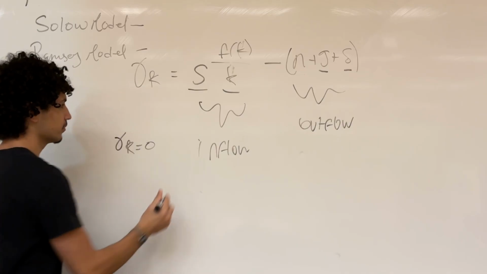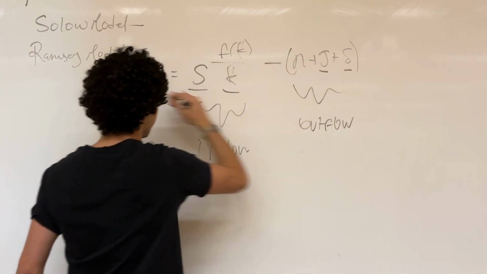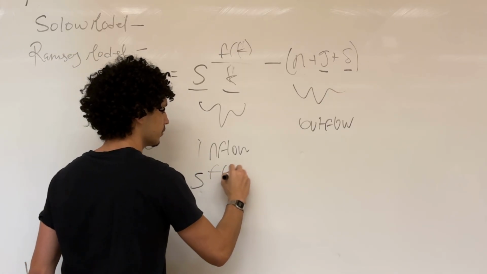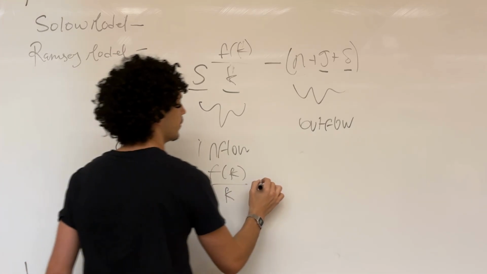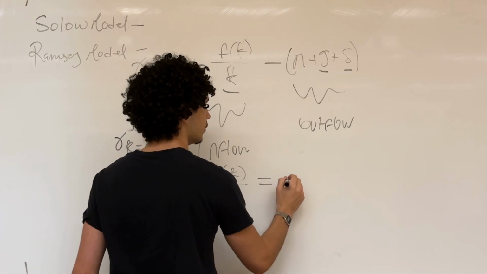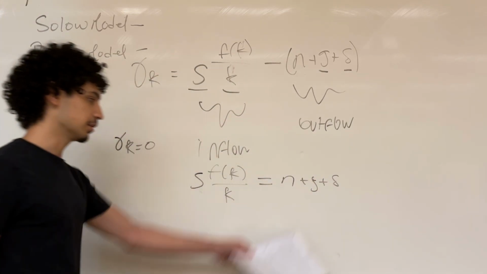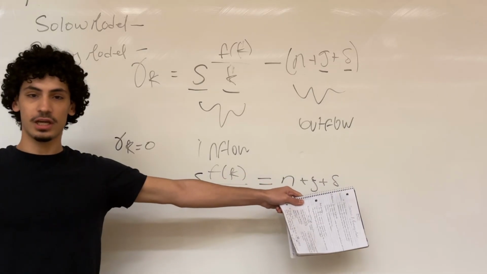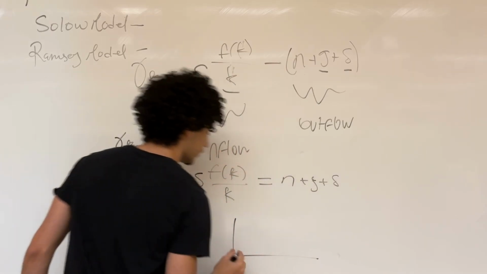At this point, we move the outflow to the other side of the equal sign. So we find sF(K)/K equals N plus G plus delta, the depreciation. Here is what this actually looks like on a graph.